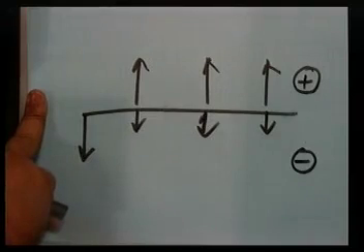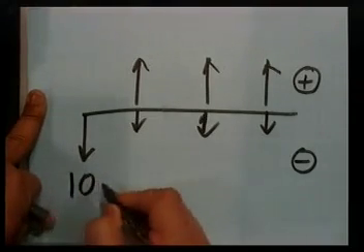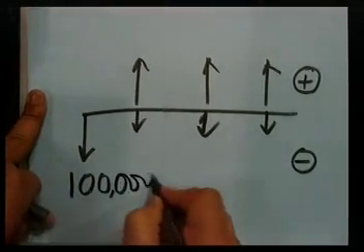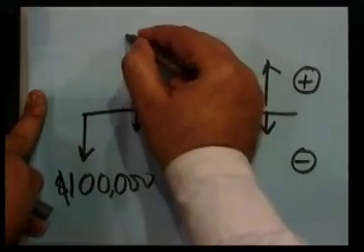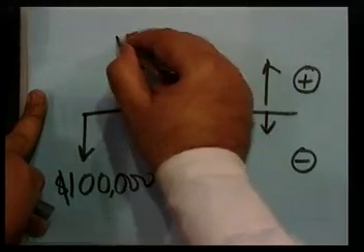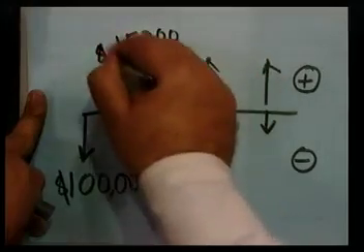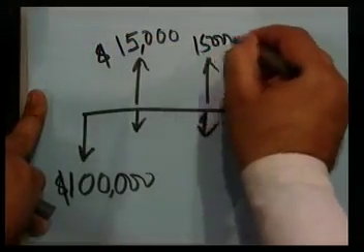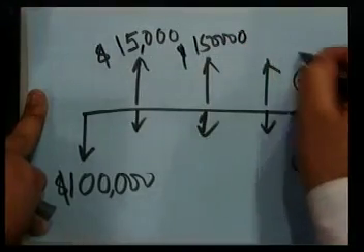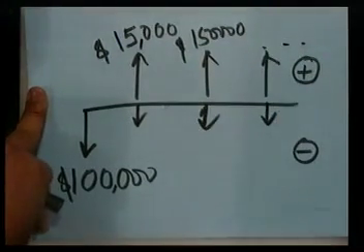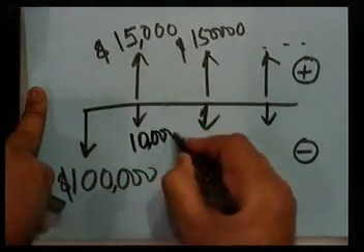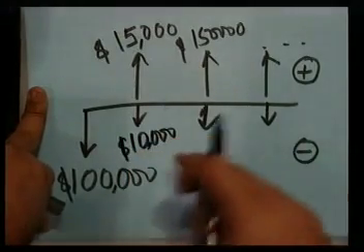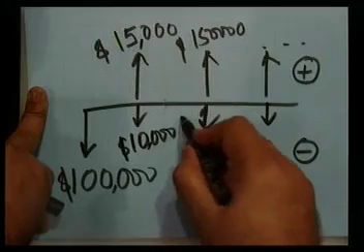For example, I tell you a problem in which it is said that if you are investing $100,000, you are going to get a return of, let us say, $15,000 in the first year, $15,000 in the second year. Like this, some information would be given, and then you will also be told that you have to spend, let us say, about $10,000 for operation and maintenance. Maybe it could be per annum.